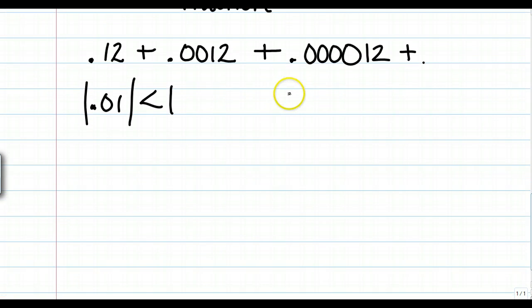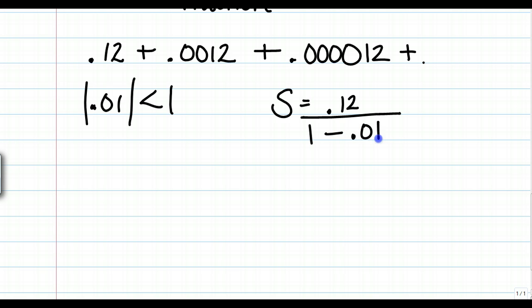So we'll use our formula. Our first term is 0.12, over 1 minus 0.01 on the bottom. So I have 0.12 over 0.99, since 1 minus 0.01 is 0.99.